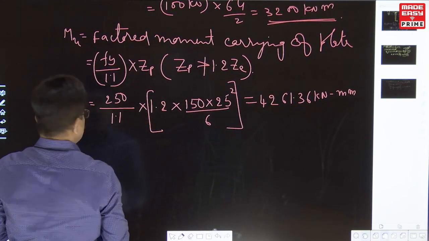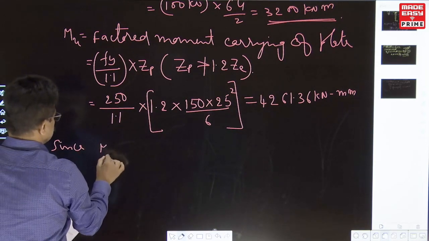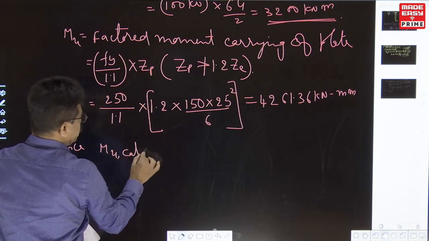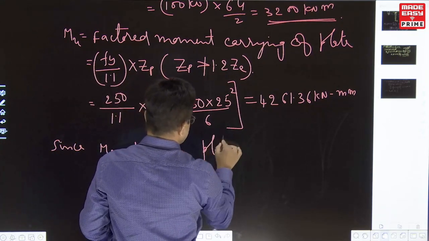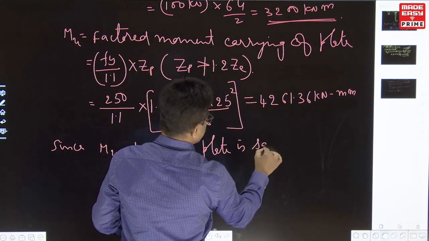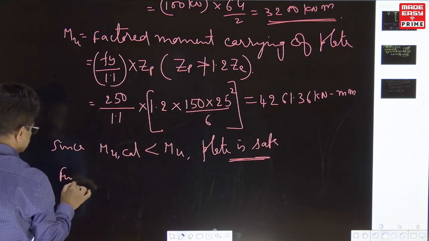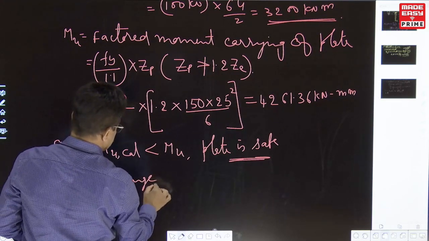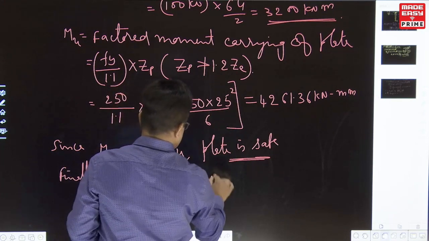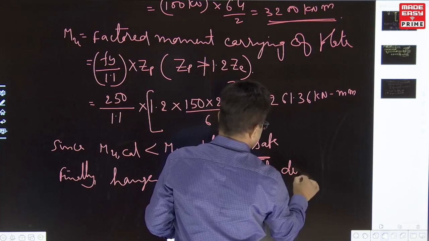Now you see, since the mu calculated value is less than mu, the plate is safe. Finally, the hanger connection fails due to bolts.